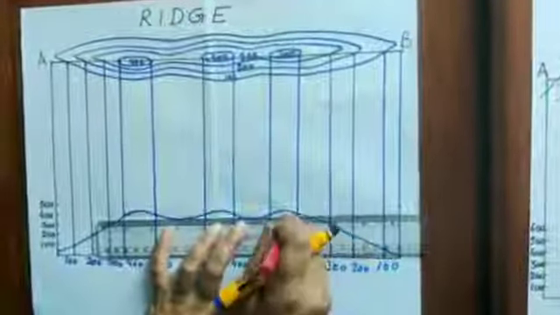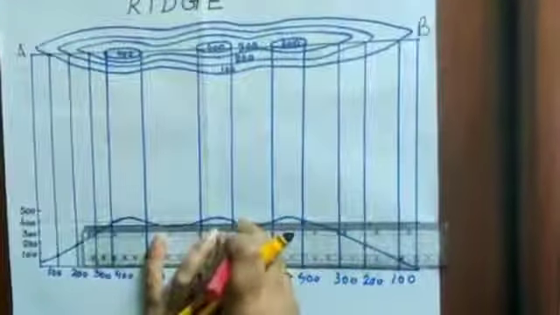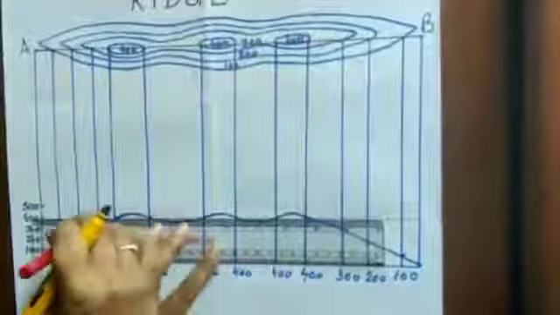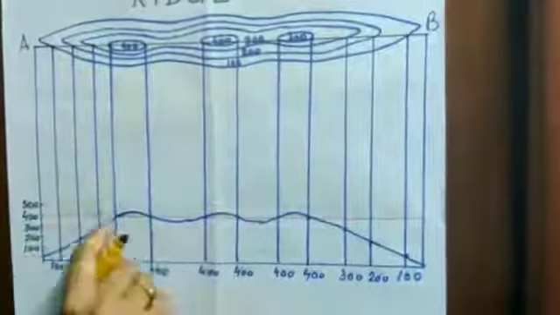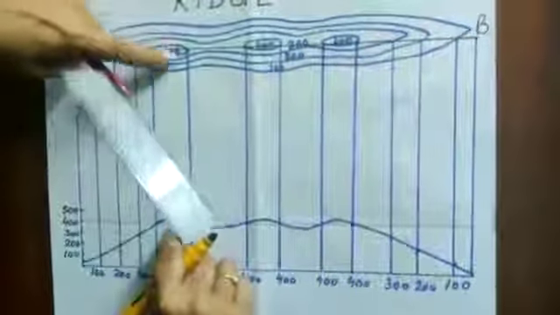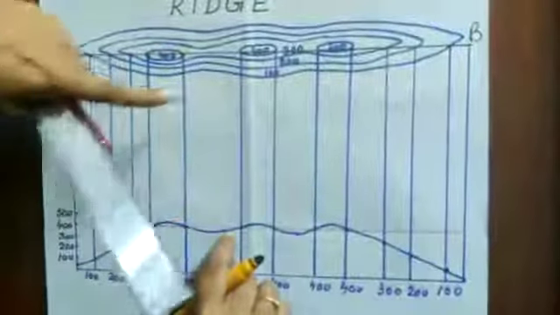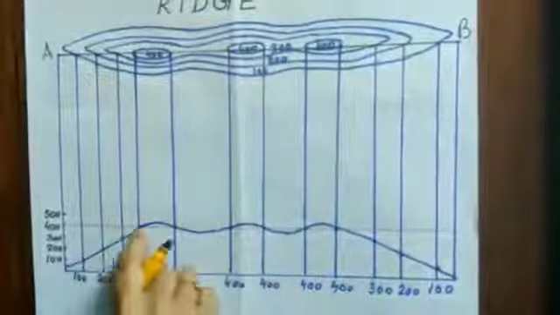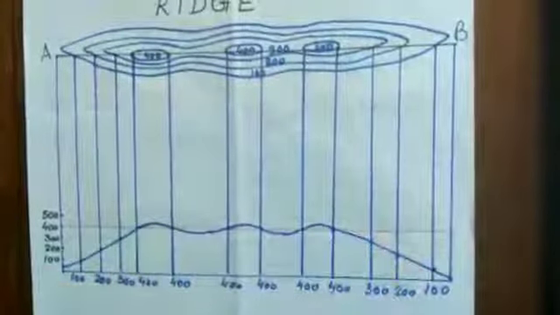This is the 400 line, so you can see this here. Once it is going above 400, this part is from 400 below 400, this part is again above 400, this is below 400, this above 400. So this is the cross section of a ridge.